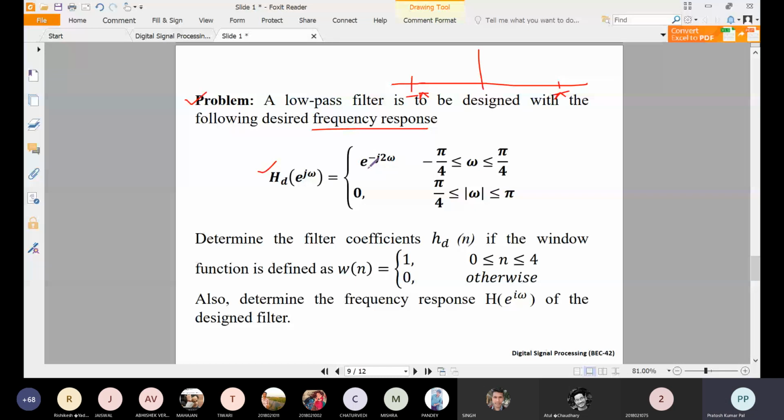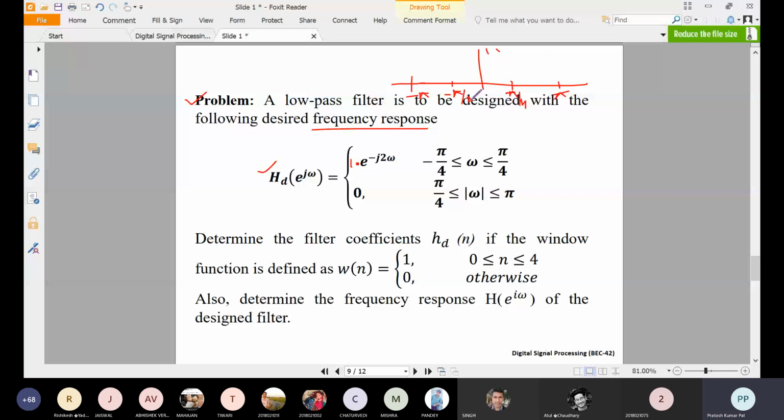If we plot its magnitude, the magnitude plot will be the mod of this function. So the mod makes this equal to 1, and that 1 will be there. Only the magnitude we will be plotting, so the frequency is ranging from minus pi by 4 to pi by 4.